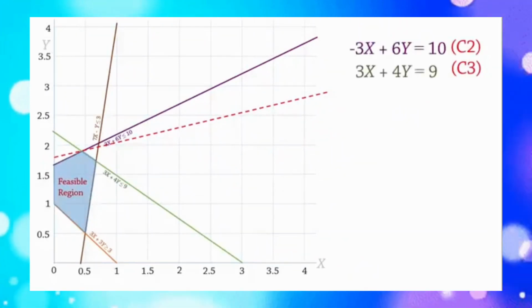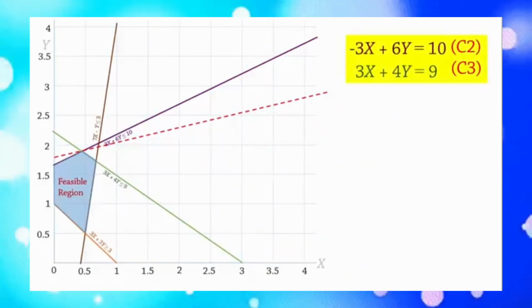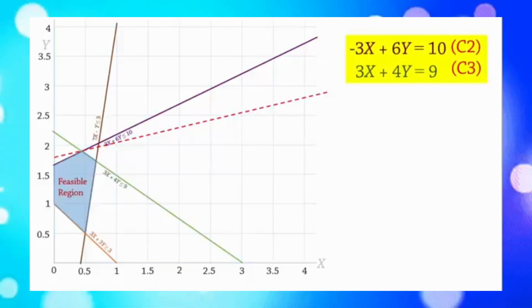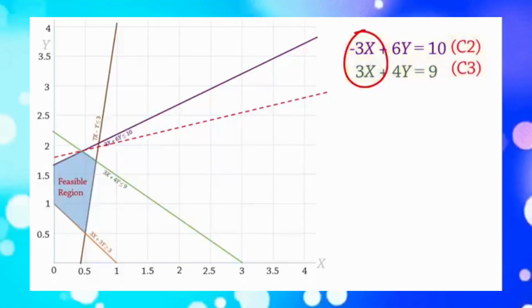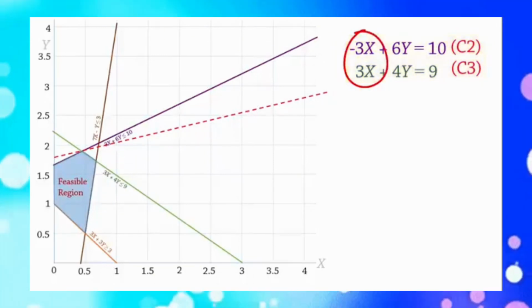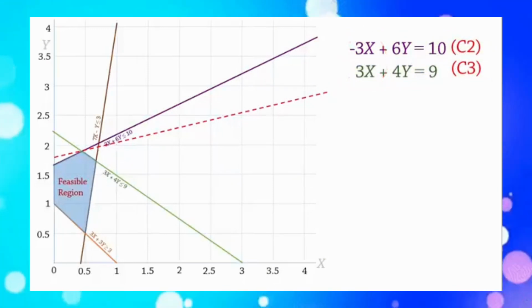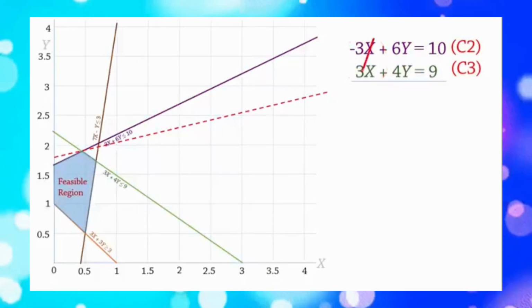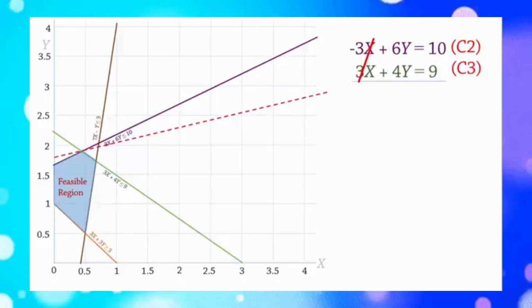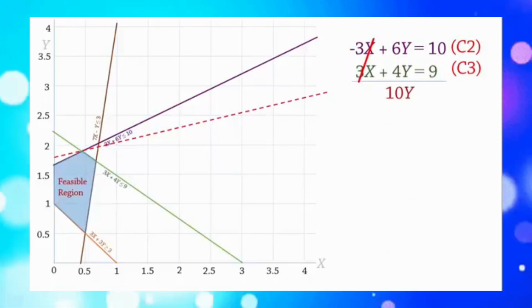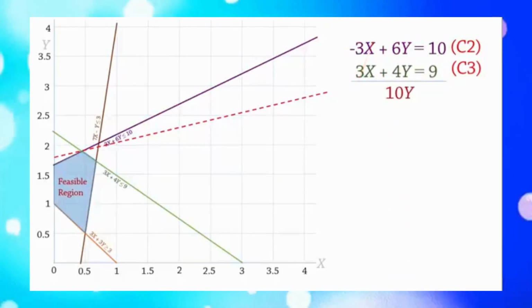Here are the equations. Since the coefficients of x in the 2 equations are negative 3 and positive 3 respectively, we can simply add the 2 equations to eliminate x. So negative 3x cancels 3x. 6y plus 4y gives 10y, and 10 plus 9 gives 19.